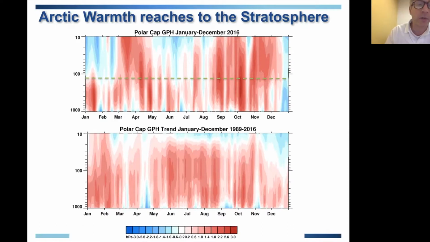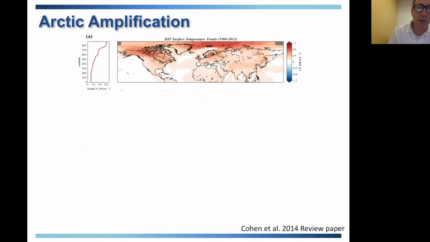What's really important is that it's not right in the lowest troposphere, not something confined to the boundary, but extends up into the upper troposphere, gets to the tropopause, and even at times seems to extend into the stratosphere. If Arctic amplification is influencing the geopotential height all the way to the jet stream level, this certainly increases the potential for influencing weather at lower latitudes.